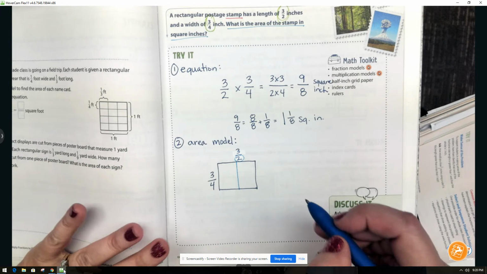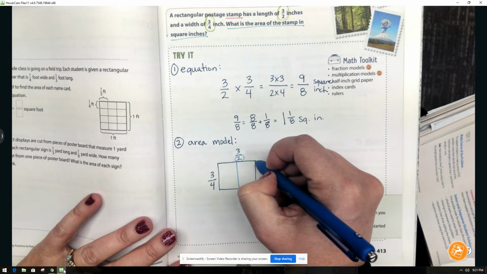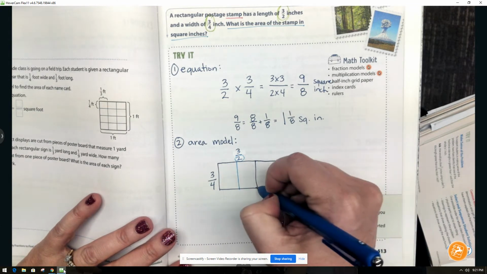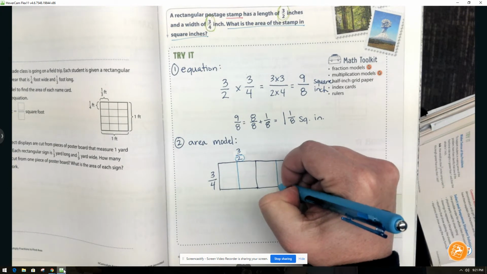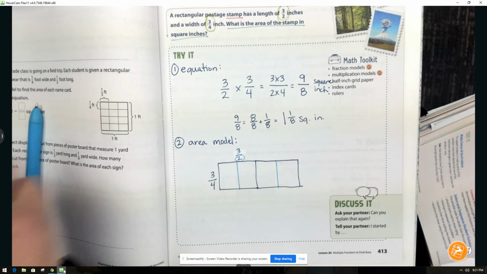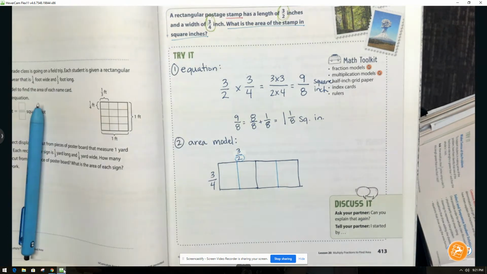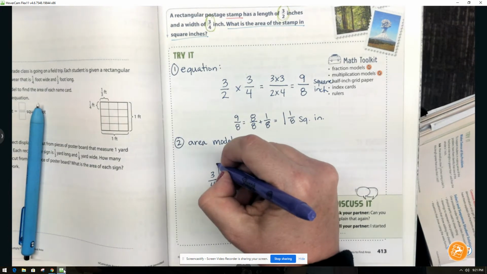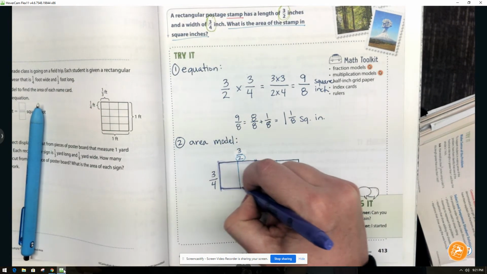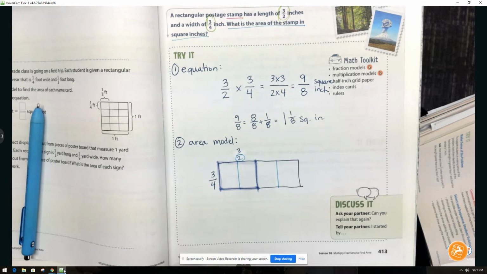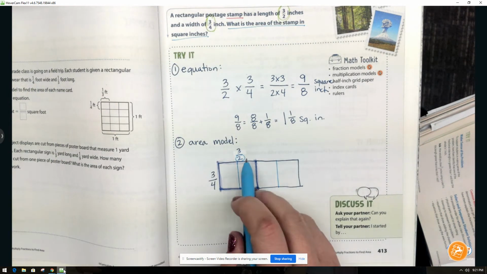We need to draw another whole. So we're going to draw another whole, and that other whole we're also going to break into 2 parts. Now, the most important part of all of this is we need to remember that this here is our original whole. We need to remember that, and we'll keep that in mind later.